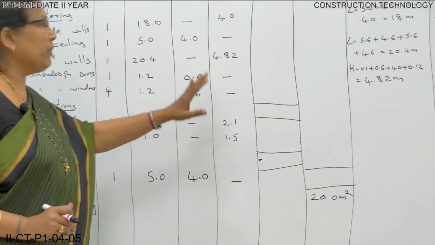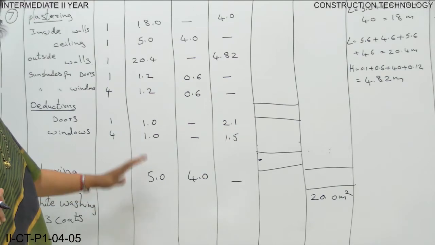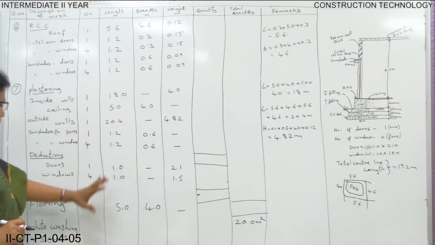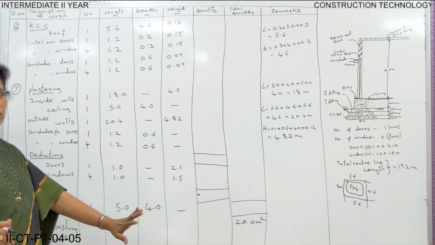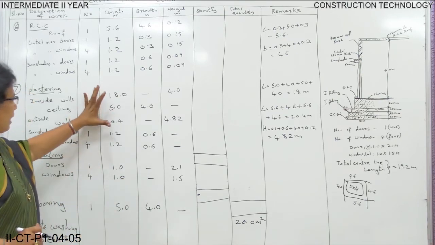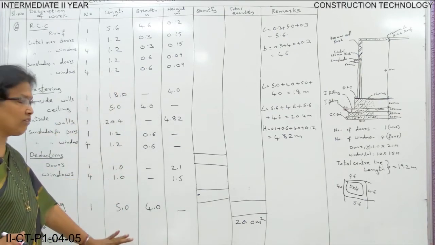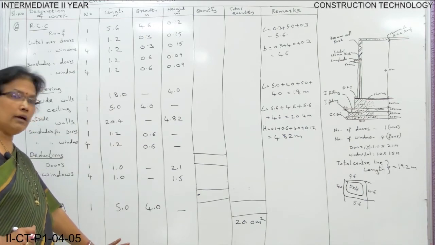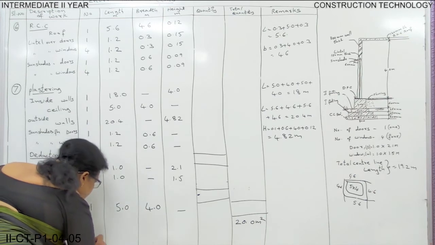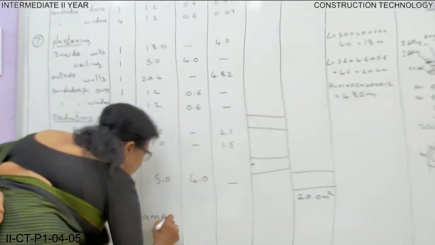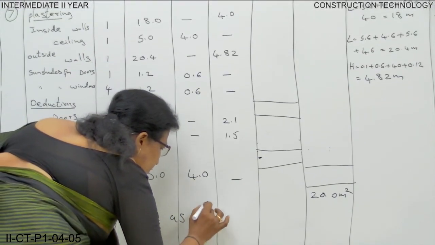So whatever item is there actually in the exam, if you get, you have to do the whole procedure. But here I am just writing same as plastering. You must not write like this in the exam. Whatever you are doing in the plastering column, that will be done in the whitewashing column. So just I am writing here as same as plastering.